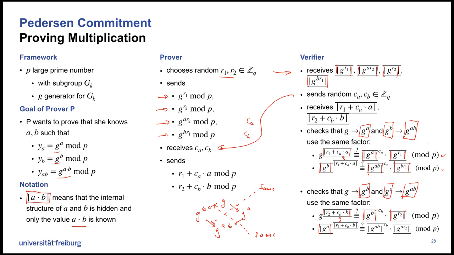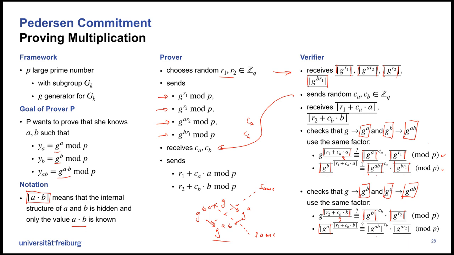It's like you're multiplying in one direction with the same factor and the other direction with the same factor. So it must be that this is G to the AB. Because you're multiplying in one direction with the same factor and the other direction with the same factor, and this G to the AB is used twice here.